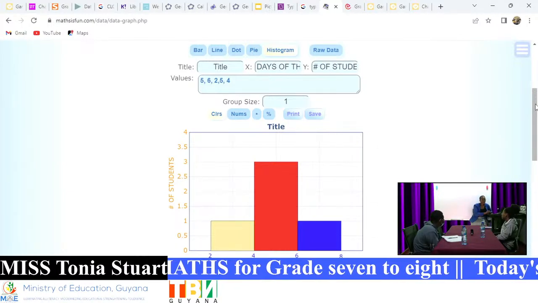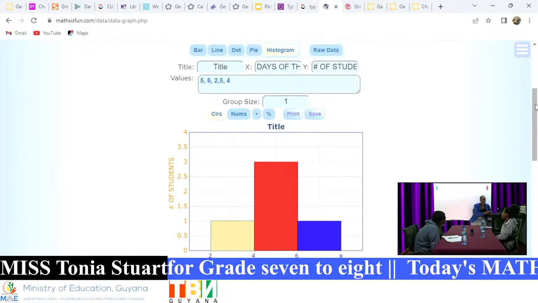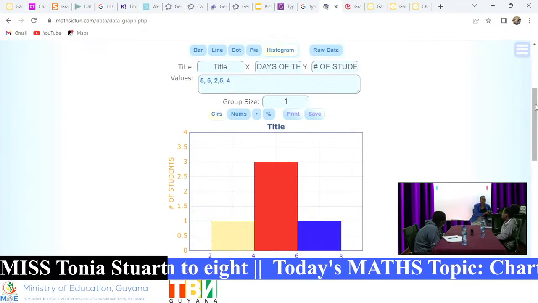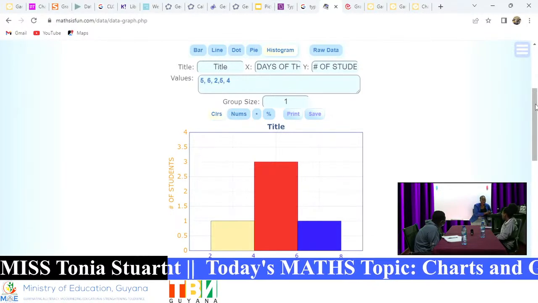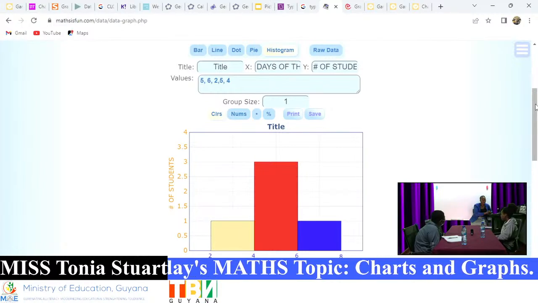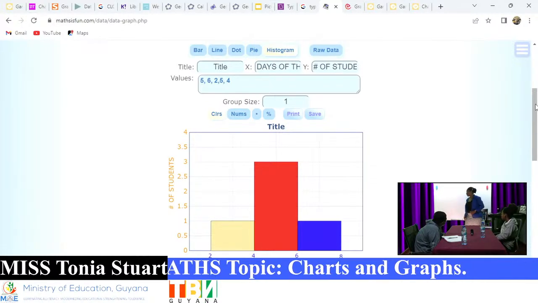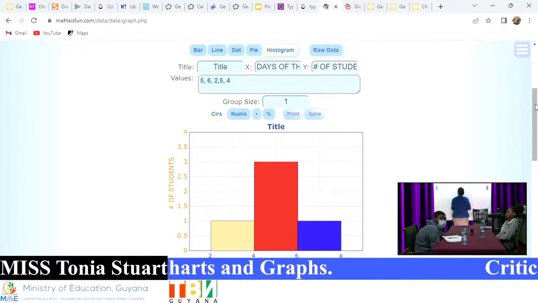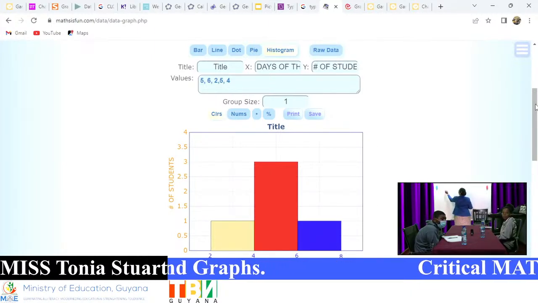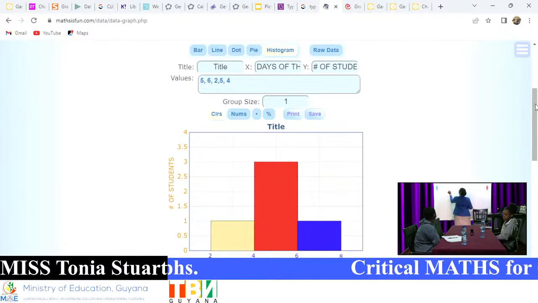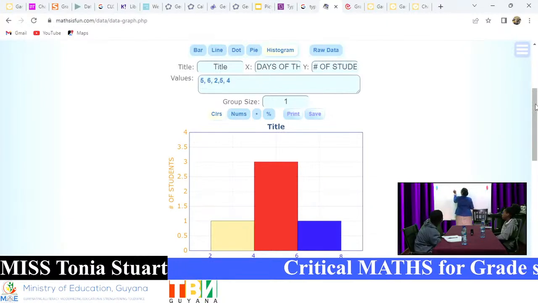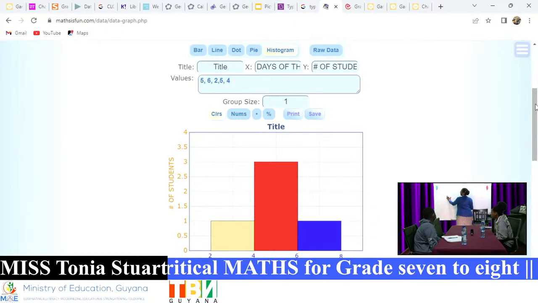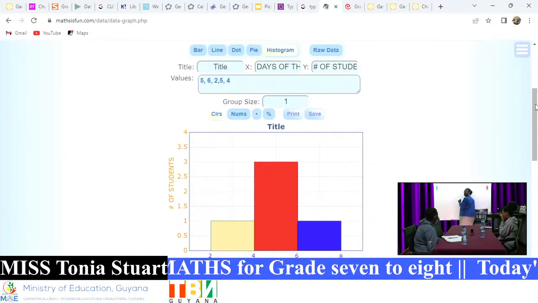Raw data are the figures that I'm going to give you to represent on one of these graphs. It's raw data because I'm just going to put a set of numbers on where you will copy it.